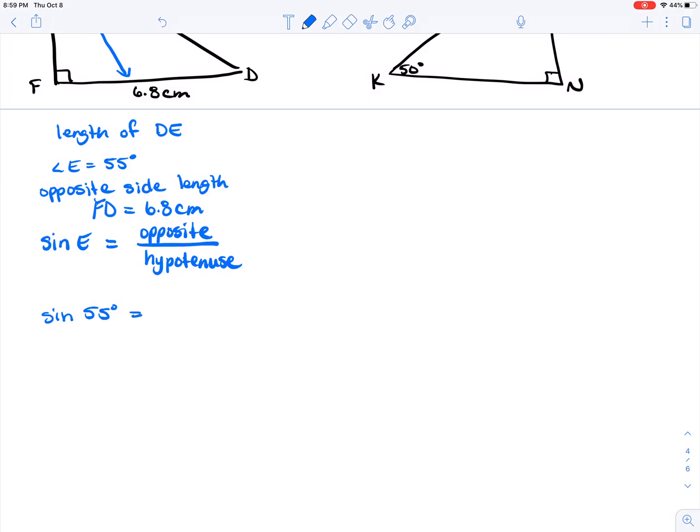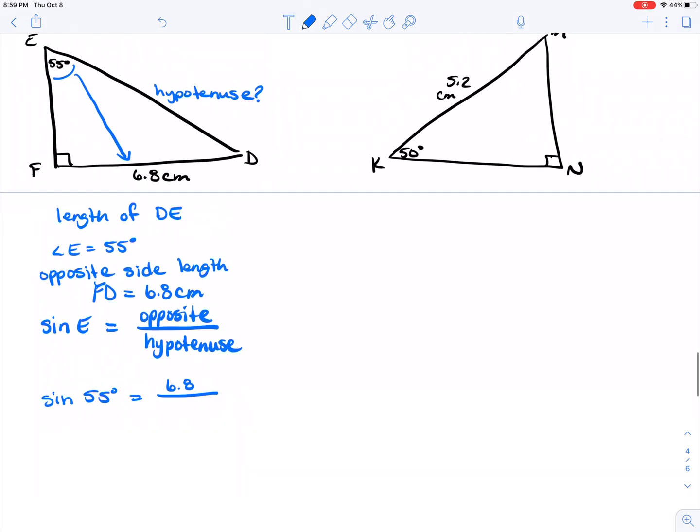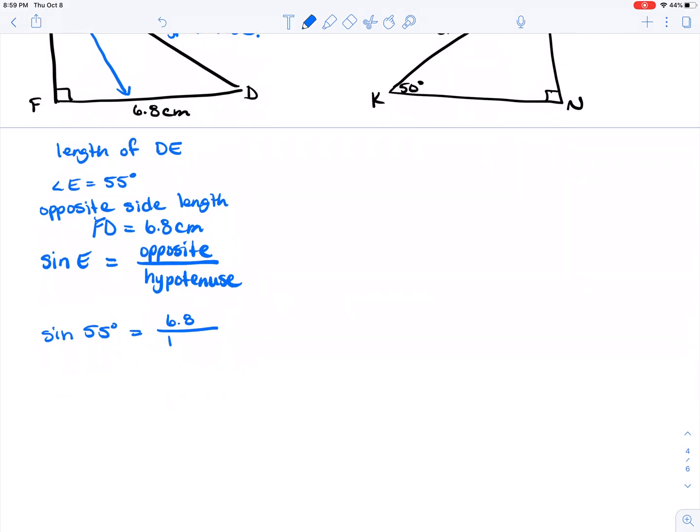And I know that my opposite is 6.8 centimeters, and my hypotenuse I'm going to label ED or DE. So how do I deal with this?